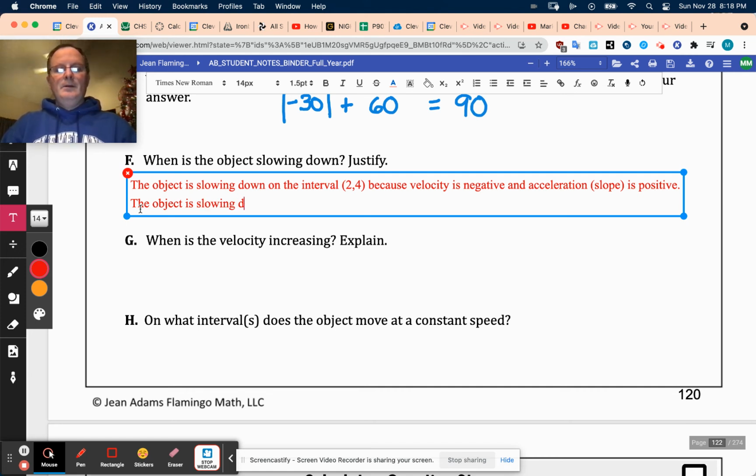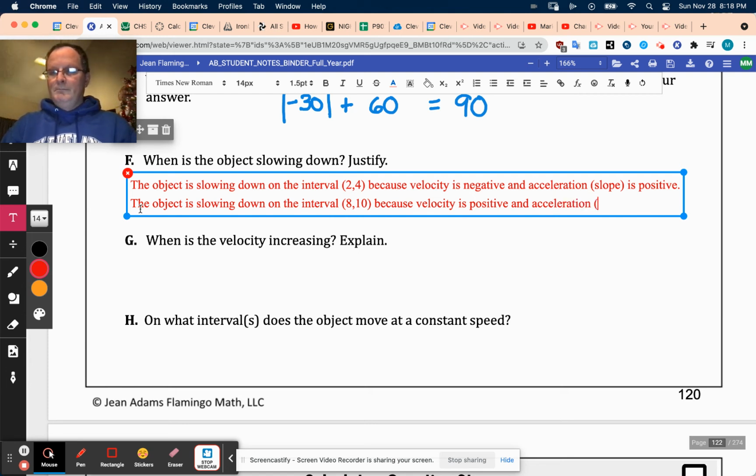Slowing down on the interval 8 to 10, because, exact opposite reason, velocity is positive and acceleration is negative.